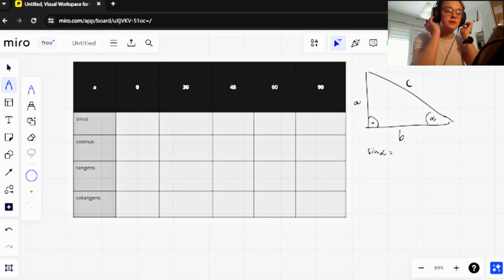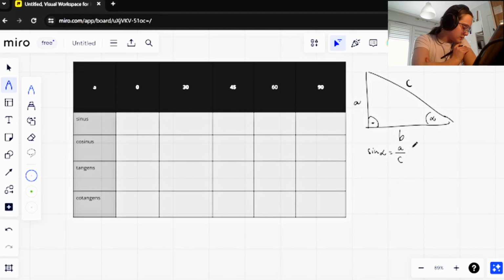The formula for sinus is A divided by C, and this formula never changes. The amount changes based on how large the sides are. I will tell you a way to remember it later.